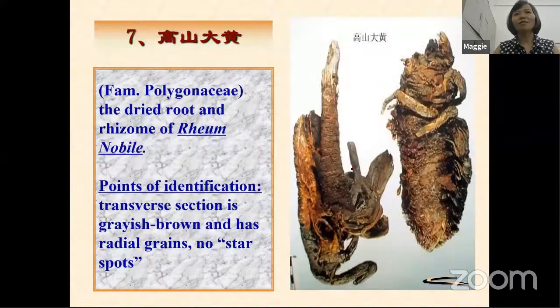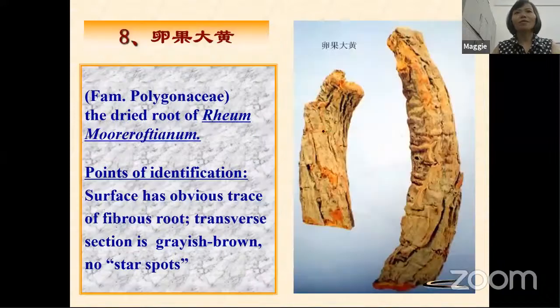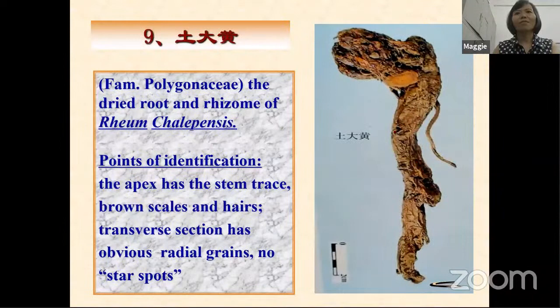And Rheum nobile. Look at this picture. The pith has no star spots. It also indicates this crude drug is fake. This one has no star spots in the pith. In the transverse section, there are no star spots either. So this crude drug is also fake.